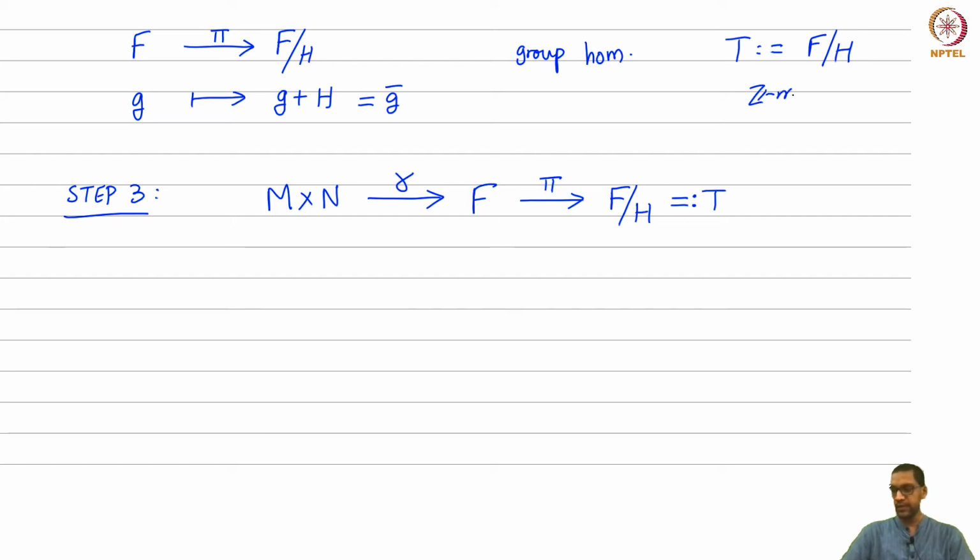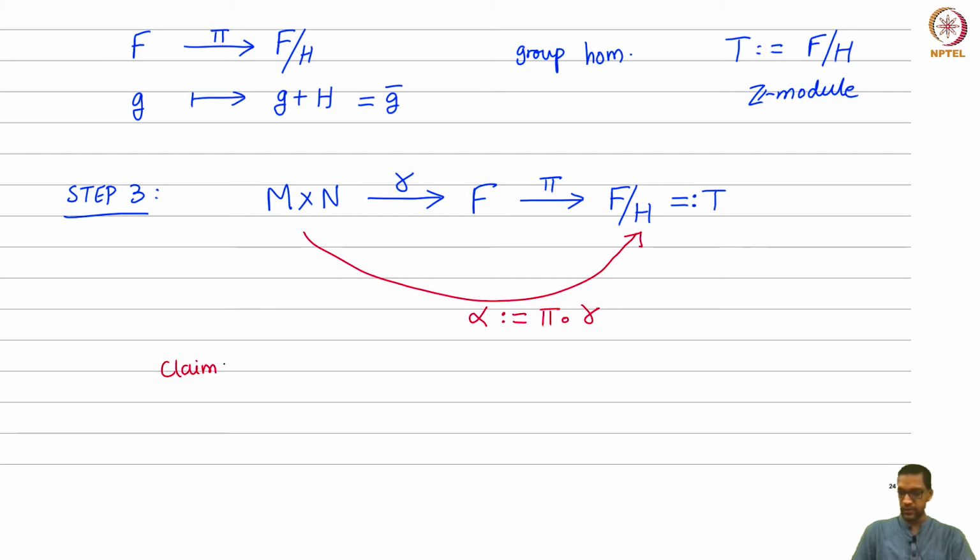So it's an abelian group, in other words it's a Z module, and I need to define a map, right? In order to say that this is the tensor product, I need to construct a map from M cross N to T. The map is just the composition of these two maps. So I will call this composition alpha. So what is alpha? It just denotes the composition of pi and this map gamma.